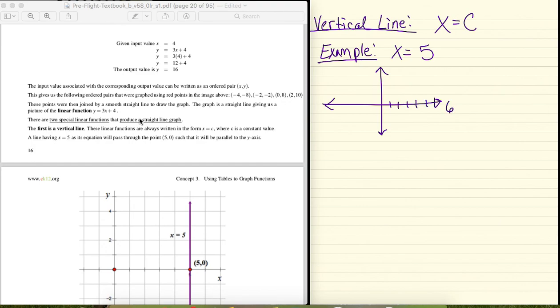What's important when you're drawing a graph is that you always mark what your scale is. So I drew 6 tick marks on the x-axis here. So I'm going to put this number 6 to say that every tick mark is 1, because it's hard to write 1, 2, 3, 4, 5, and 6 underneath. It's going to get a little bit messy when we go to start graphing. So I'm just going to write the number 6 on the end of the x-axis to say that right there is 6 units.